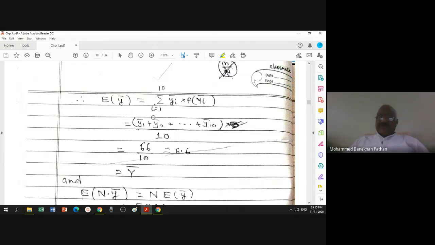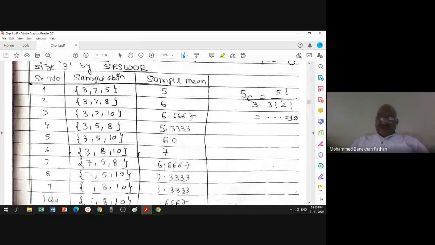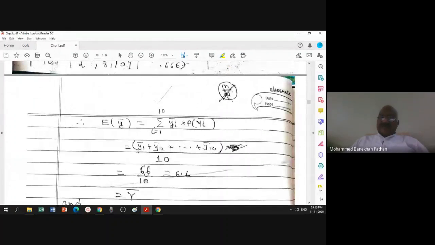So it will be y1 bar multiplied by 1 by 10 plus y2 bar multiplied by 1 by 10 and so on. Now 10 is a common constant multiplier, so the numerator will be y1 bar plus y2 bar and so on, the total of this column. If I take the total of this column, it comes to 66. Divide by 10, the answer is 6.6.